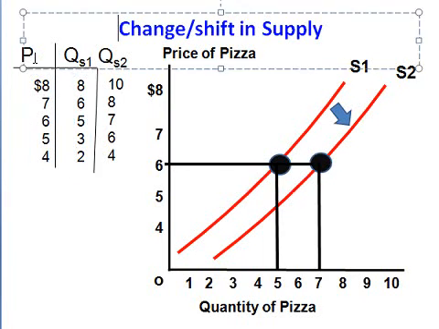So this price and this quantity supplied, P and QS1, these pairs can make the first supply curve, S1, the supply of pizza.